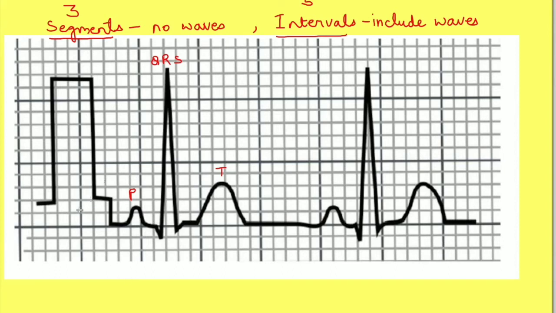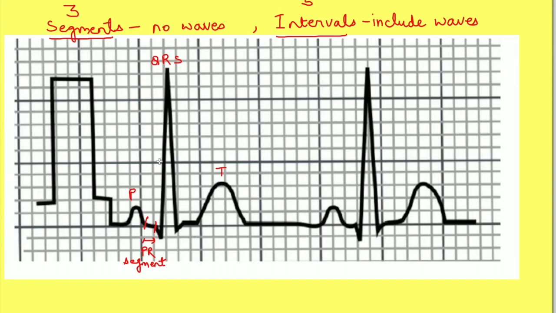PR segment is from the end of P wave, that is this point, to the beginning of QRS complex, that is this point. So this much is PR segment. See here, even though we are saying PR segment, we are marking till the beginning of QRS complex. PR segment represents AV nodal pause.